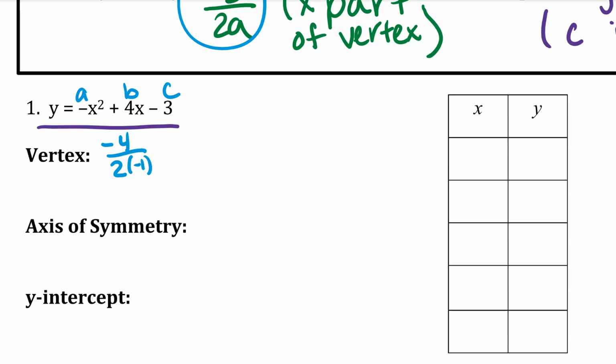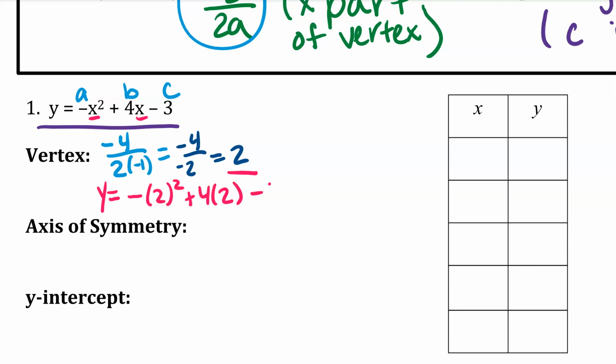A is negative 1. So negative 4 over 2 times negative 1 is negative 4 over negative 2, which is positive 2. Now that's the x part. To get the y part, I need to plug in 2 where all the x's are on my equation. So y equals negative 2 squared plus 4 times 2 minus 3.